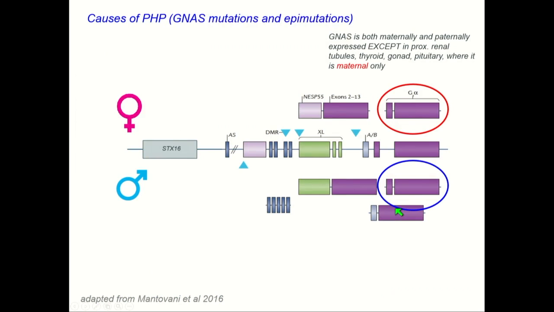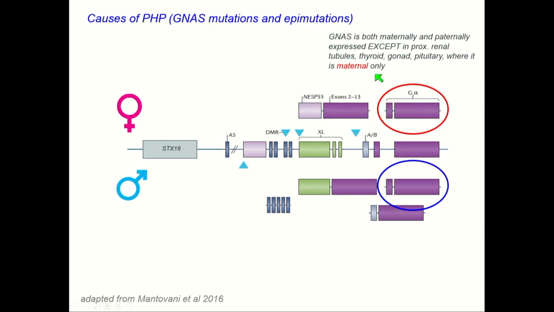But I want to focus on PHP, pseudohypoparathyroidism, because that's the classic gene in this pathway. The others are really quite rare, and this is the imprinted one. There's no doubt that anyone who starts talking about the GNAS locus is going to scare people. The GNAS locus codes for this alpha protein, the trimeric G protein. It's a long locus with multiple transcripts.